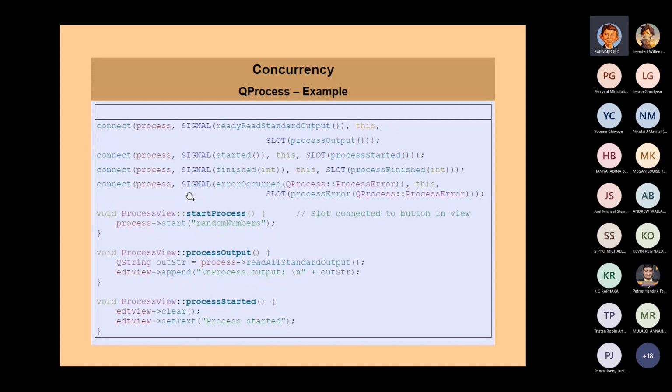And then error handling, which you should always do: connect your process errorOccurred signal to a processError slot in your application. Sorry, I did this a while ago. We're still using the old syntax here, but you can use the new syntax as well. So that's just an idea of the kind of signals and slots that you need to use with your QProcess.